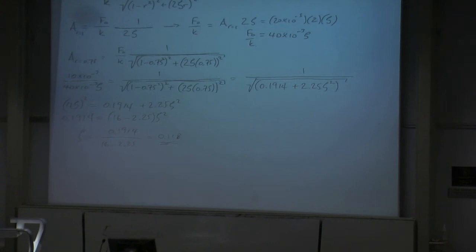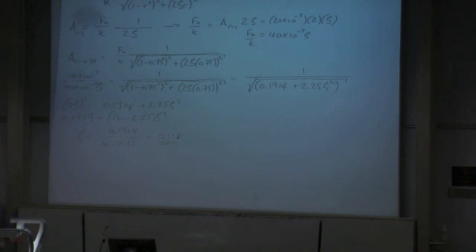And we can find from that the static displacement F0 upon K. The amplitude when R is 0.75 involves F0 upon K, the static displacement. In this case R is 0.75, so we plug R equals 0.75 into the equation, and we use the F0 upon K we found previously, because static displacement doesn't change.